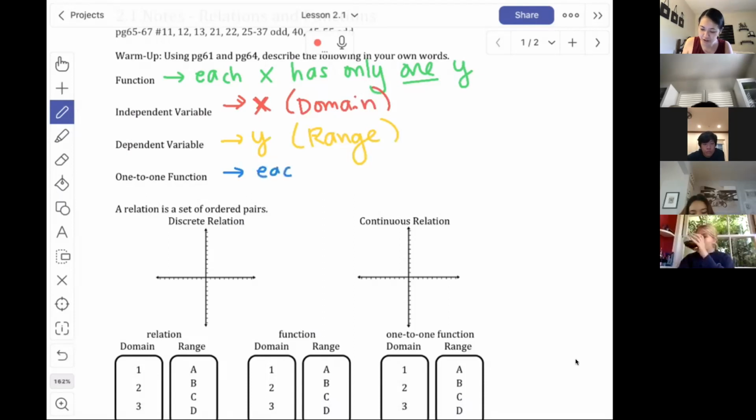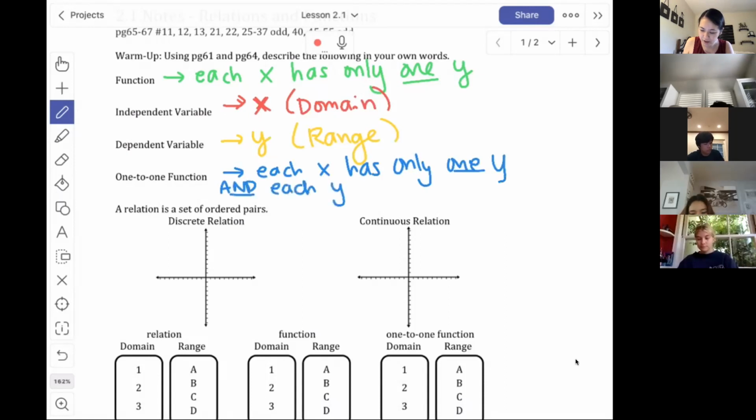So each x has only one y still for it to be a function, and each y has only one x. We're going to see some examples of that, and then we'll see if that makes sense.